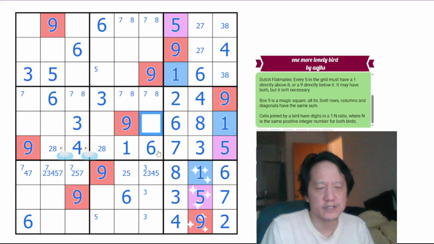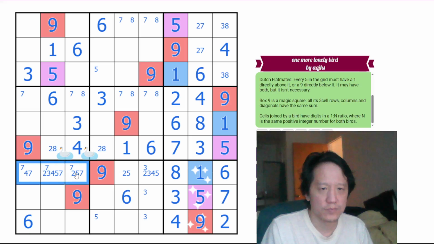What are the remaining digits in row 4? Okay, this 5 has to have a 1 above it, because those are the 5s, right? That means this must be 1. Do we have any other 5s?